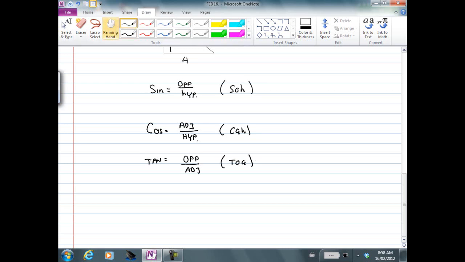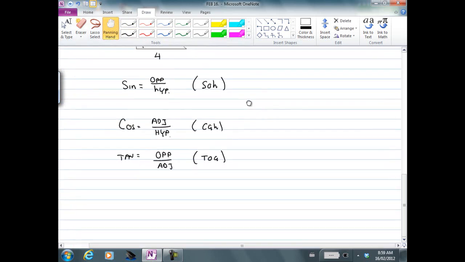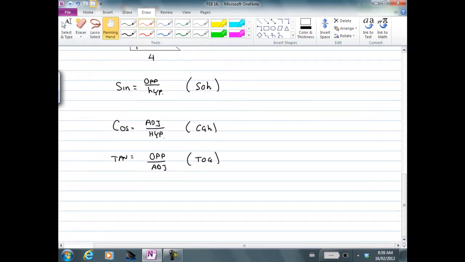But there's another variation to these 3 formulas, the reciprocal ones. The first one is called cosecant. I was about to do secant, but let's do cosecant.